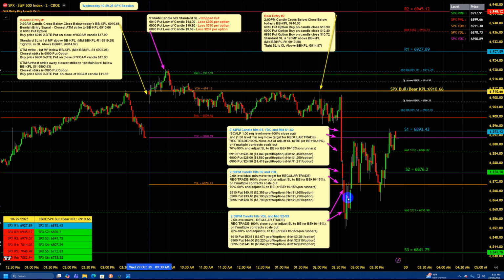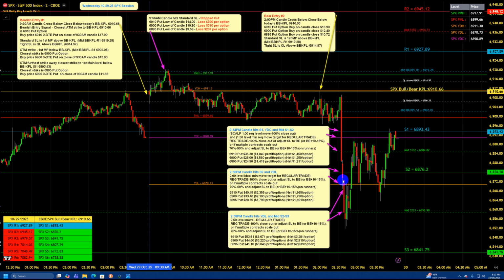Now the move is not through yet, because in this very next candle, and just to mention before we go to that, as you can see here, this also touched YDL. So it touched the YDL level as well. So going back to what I was talking about earlier, about these also being important levels to keep track of.